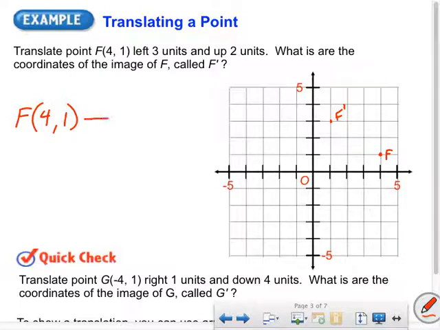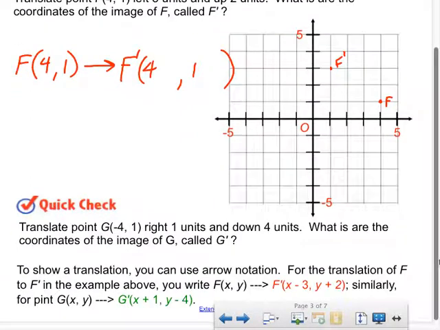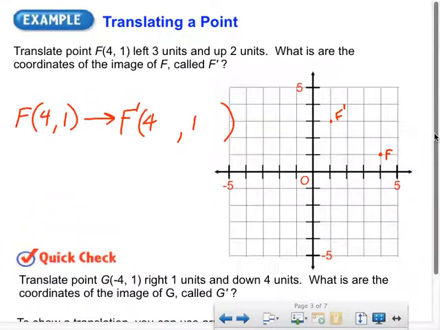And then we use something called arrow notation to show us what F prime is. F prime was (4, 1), but something had to happen here. I had to move to the left 3 units.